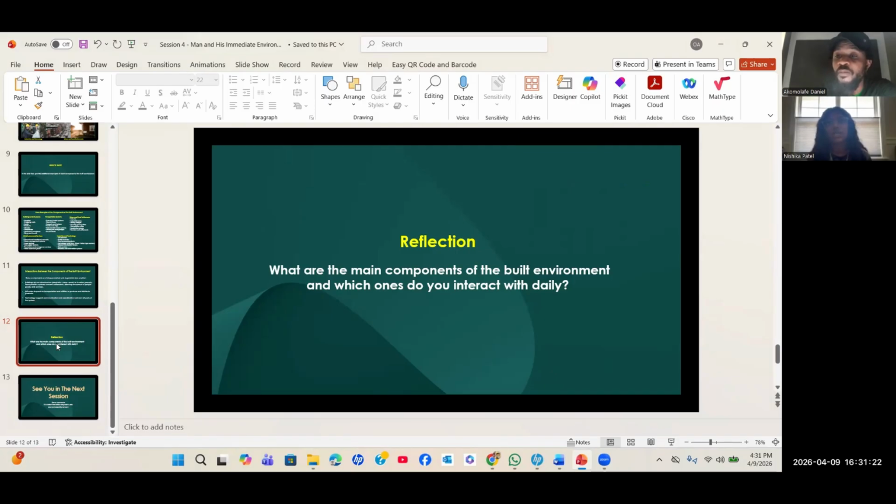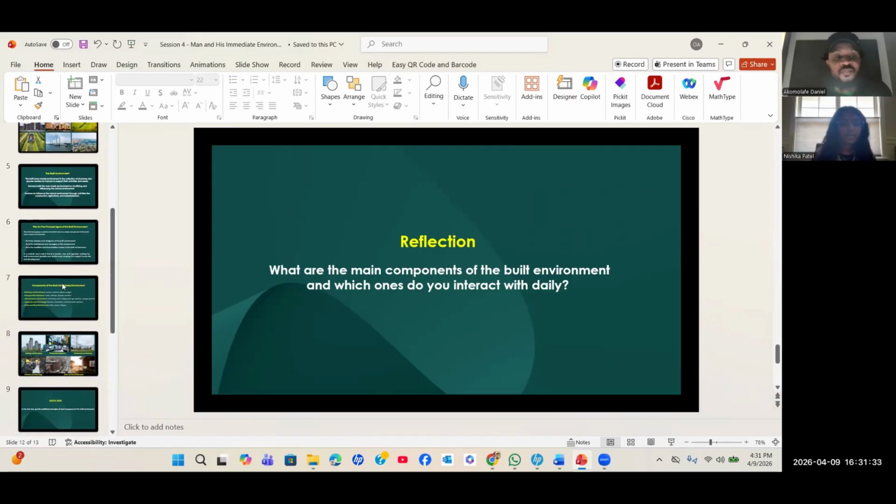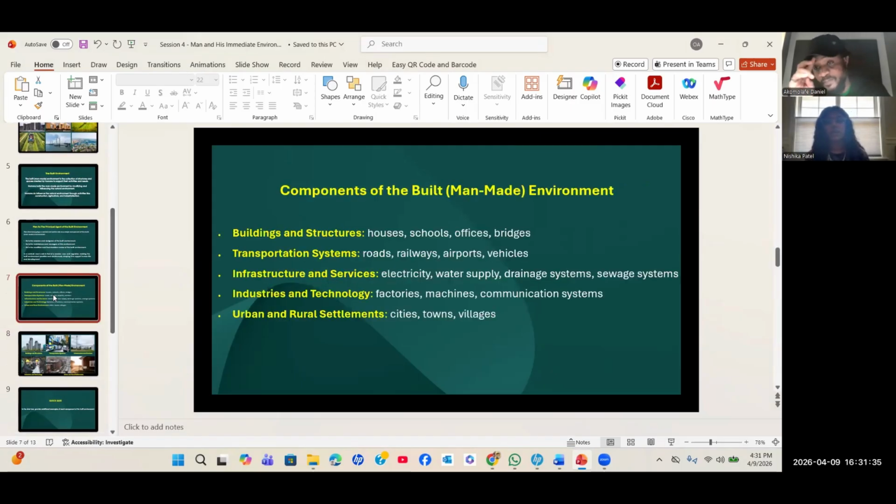Buildings and structures, transportation, infrastructure, technology, and urban and rural settlements. And I interact with both transportation and buildings because I go to my house and I get transported to home and to school. Good.